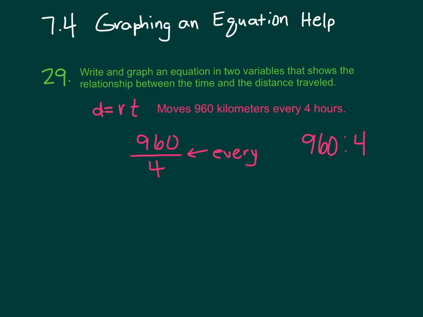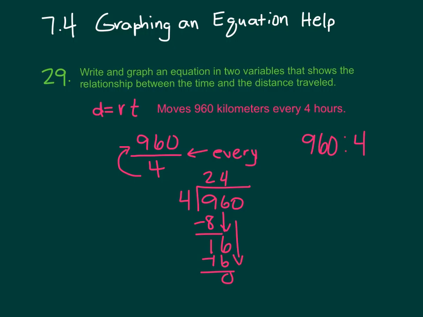Now that I have it like a fraction, I have to recognize that I can reduce it. To reduce it, I say how many times can 4 go into 960, or 960 divided by 4. Well, 4 can go into 9 2 times. 4 times 2 is 8. 1 left over. Bring down my 6. 4 goes into 16 4 times. 0. Bring down my 0.